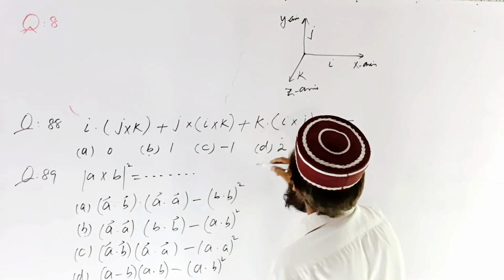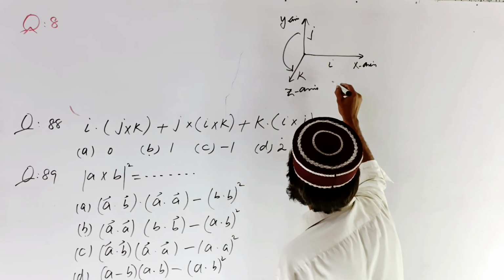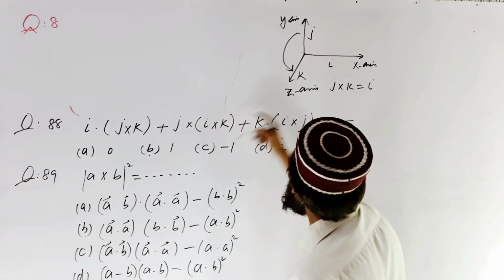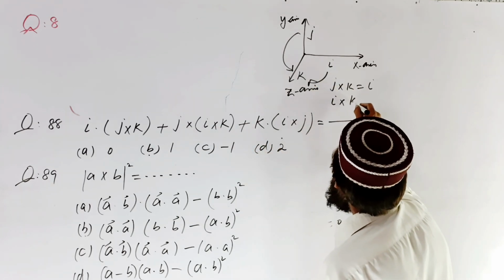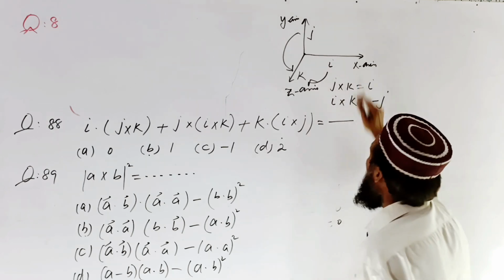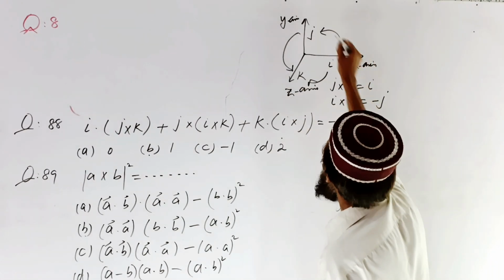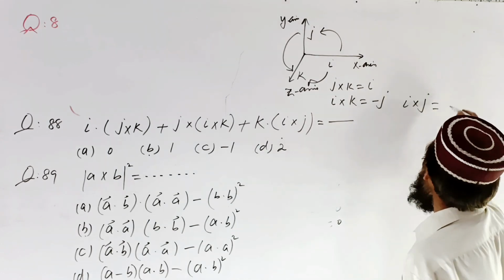So J cross K gives I. K cross I gives J. I cross K gives minus J, clockwise direction. I cross J gives K.